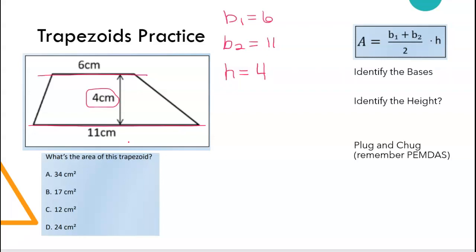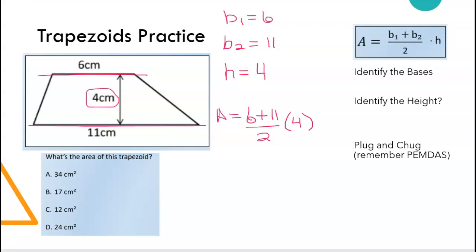Now we can plug and chug. Using our area equals base 1, base 1 is 6, plus base 2 is 11. I'm going to divide that by 2, and then I'm going to multiply by the height, which is 4.